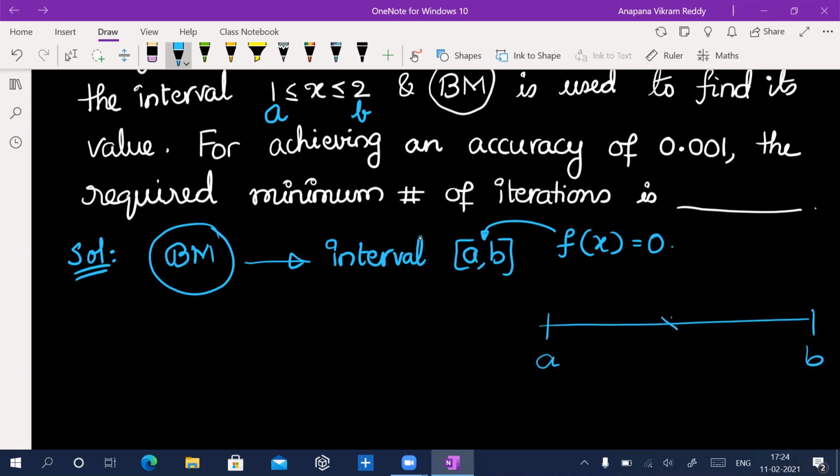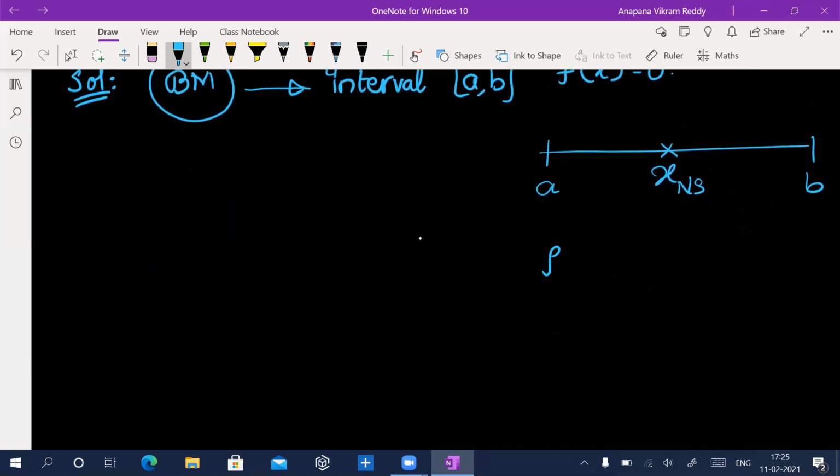Now, for the first iteration, my x naught is going to occupy the middle exactly, because it is A plus B by 2. Now again, I will check what? If f of A multiplied by f of x naught is less than 0, then x naught becomes B, the root will be in between A and x naught. Or if that product is greater than 0, then x naught becomes A, the root is in between x naught and B. So for example, I got f of A multiplied by f of x naught greater than 0.